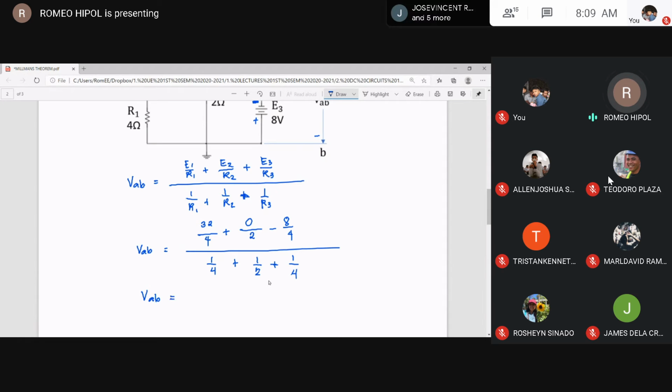Okay, in this case, the terminal voltage VAB is equivalent to, check na natin, we have a positive 6 volts.